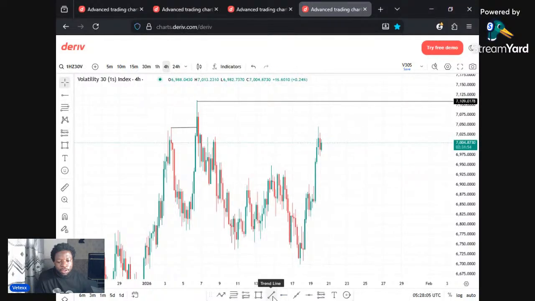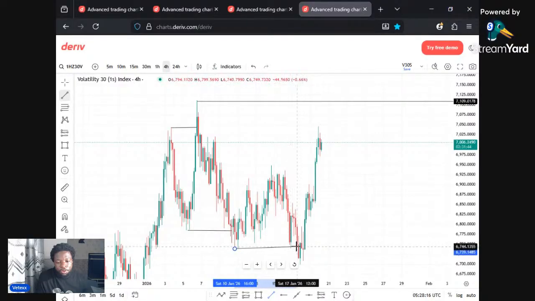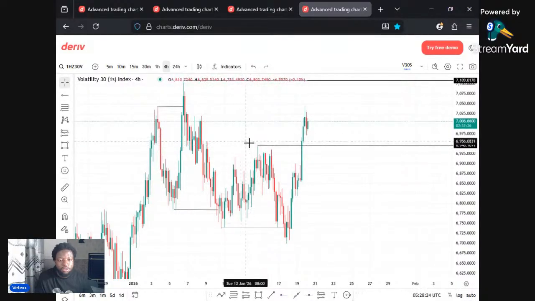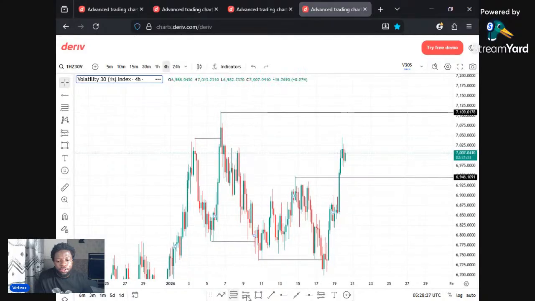From this protected high, you can spot the first break of structure, which is here. And then you can spot another one, which is here, your second break of structure. After that, price retraces 50% to give you structural liquidity. Now, this is your structural liquidity, which is used for continuation. Now, this zone becomes your POI.